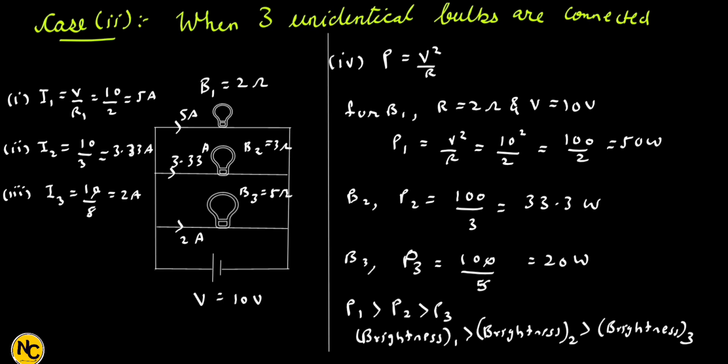Here we can conclude that in a parallel circuit, the bulb with lowest resistance will glow brightest as compared to the bulb of higher resistance.